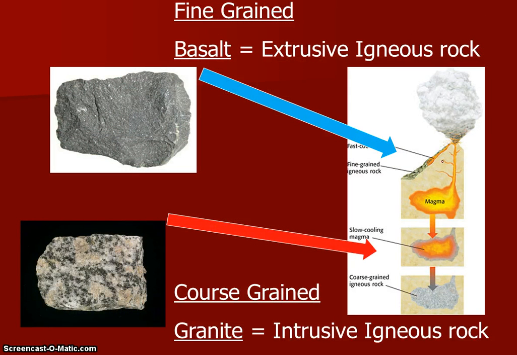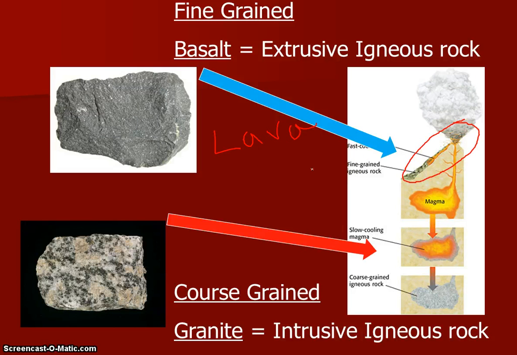So let's look kind of at another example of this. And you can fill this out on your note sheet for the example part. So our first example up here is basalt. And you can see over here in our picture, basalt forms from lava that has cooled fast, and so it has small grain, fine grain.